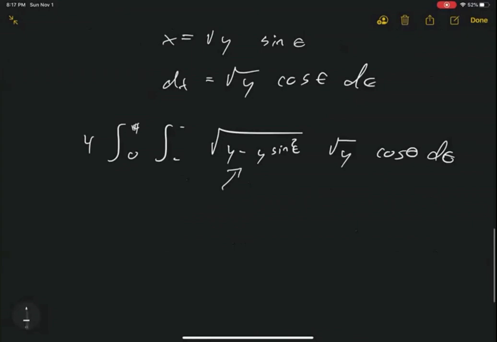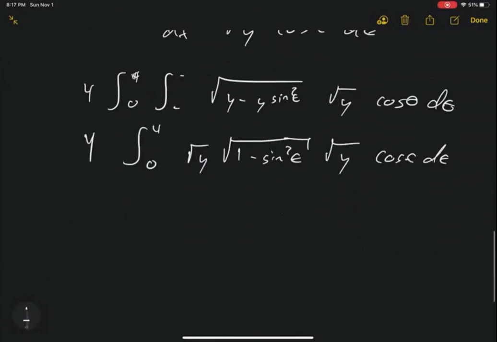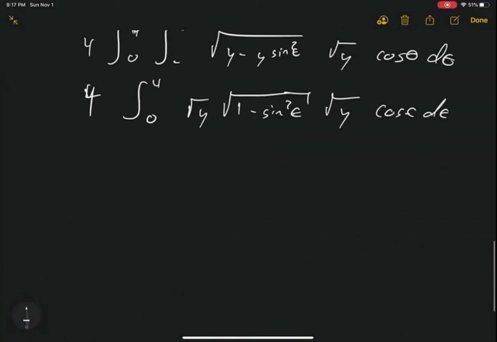I pull the y out through the square root and it becomes square root of y times square root of 1 minus sine squared theta. Then I have another square root of y cosine theta d theta. Okay, combine these 2 square roots of y into just y. 1 minus sine squared, well, that's cosine squared, right?